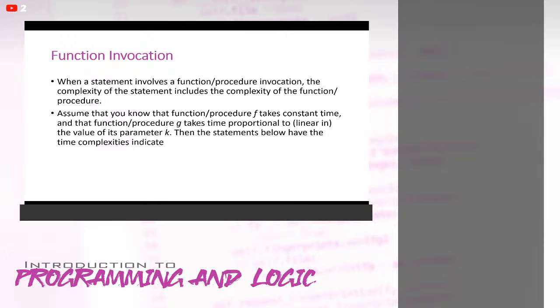So if, for example, you're running a loop that executes another function X amount of times, the complexity in that other function is going to be multiplied by that situation. We're not just counting lines here, we're counting operations. And so when you're counting operations, you have to go to that other function and count the operations in it.